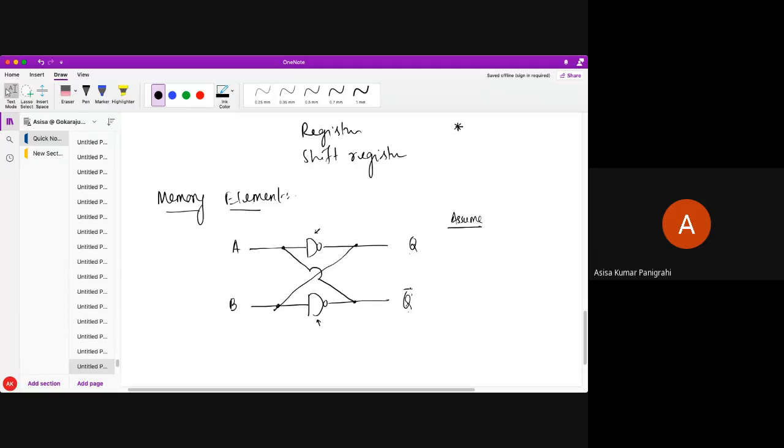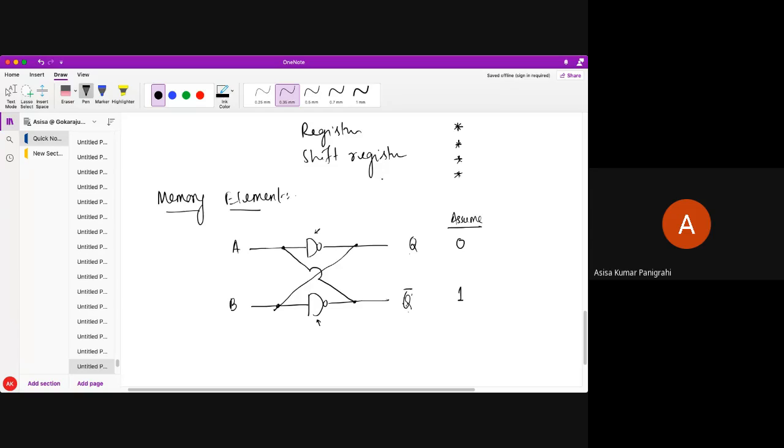Next, these two outputs are complements of each other. The output of a memory element is generally represented with the variable Q and the complement of the variable, Q bar. And another assumption: a memory element always has some initial assumption. Let's say the initial assumption is 0 here and 1 here. So these are the 4 points you need to assume before analyzing any memory element.